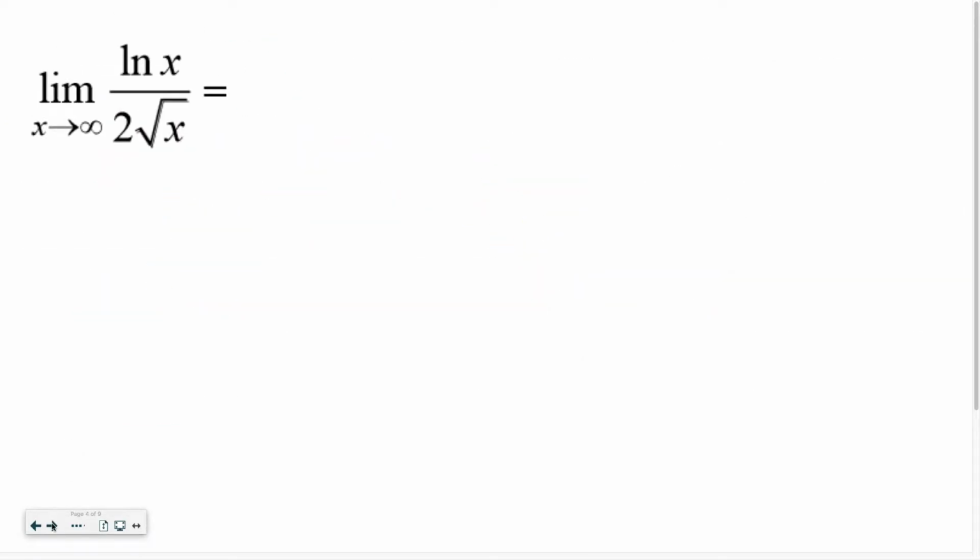Next example. Okay. As we go towards infinity, what happens with the natural log of x? Do you know what the graph looks like? This is the natural log of x.